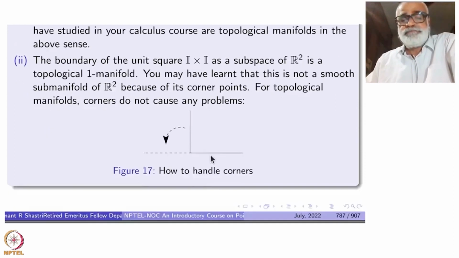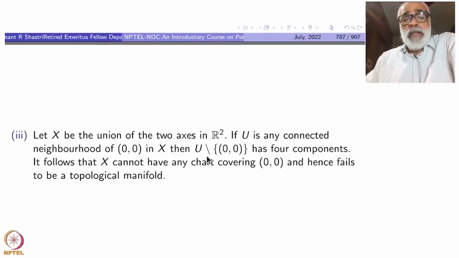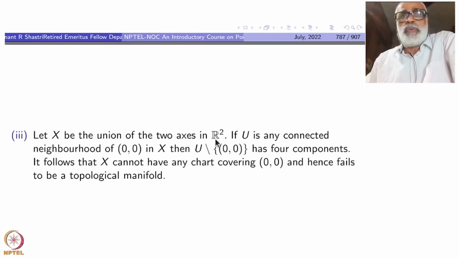That's all. All right. Now let X be the union of two axes in R^2, X axis and Y axis. You can draw it anywhere. If U is any connected neighborhood of (0,0), how does it look? If you throw away 0 from U, it will have 4 connected components.